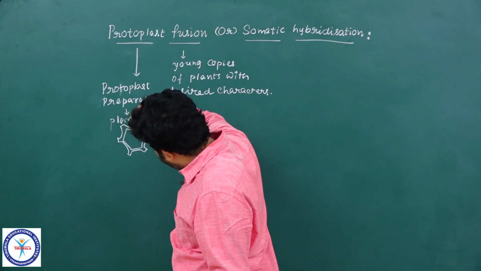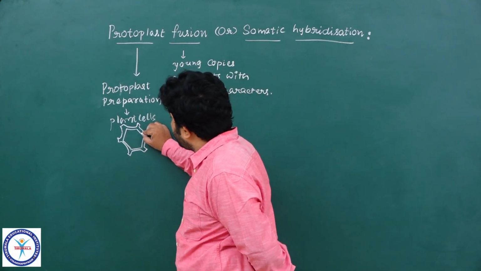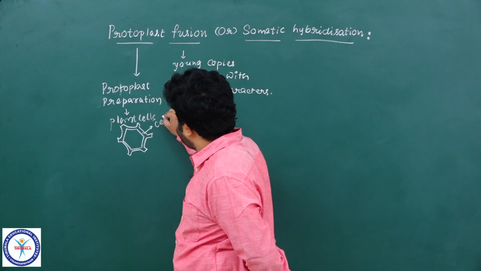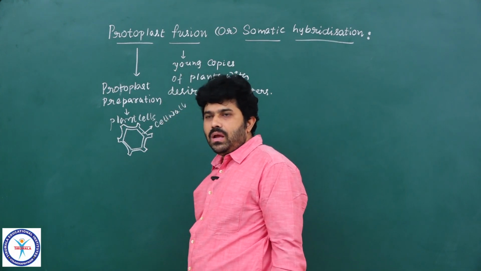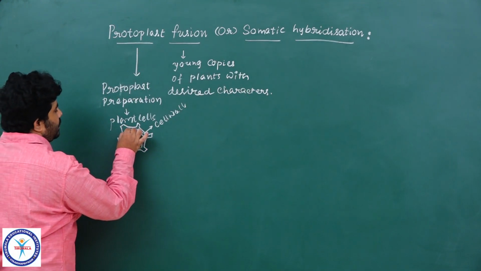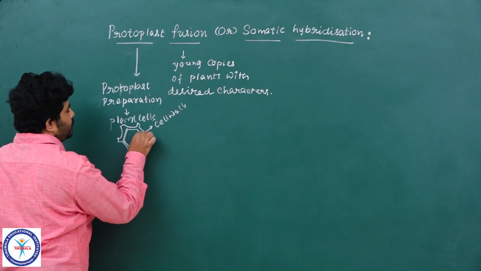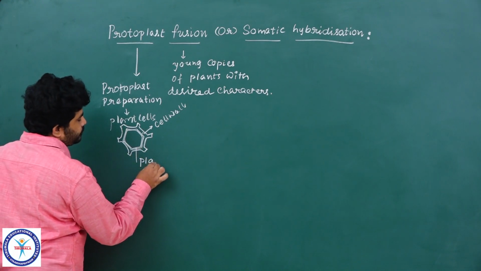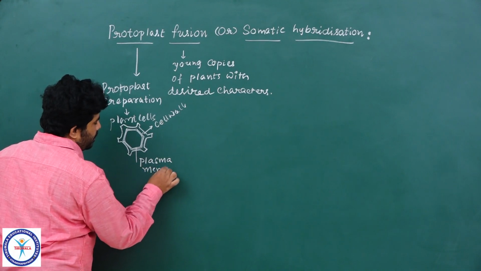This outermost structure is called the cell wall, which completely covers the inner membrane, the plasma membrane.